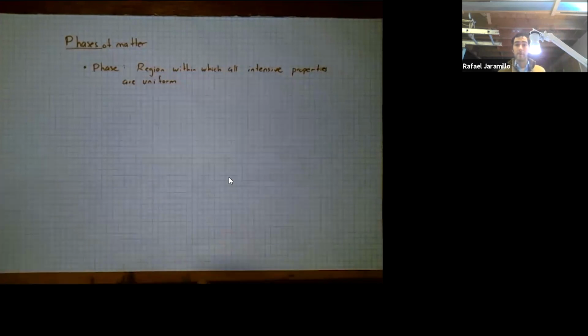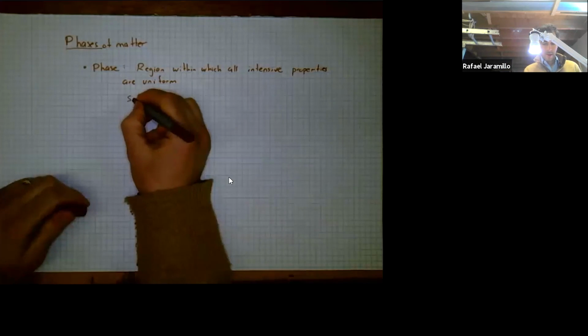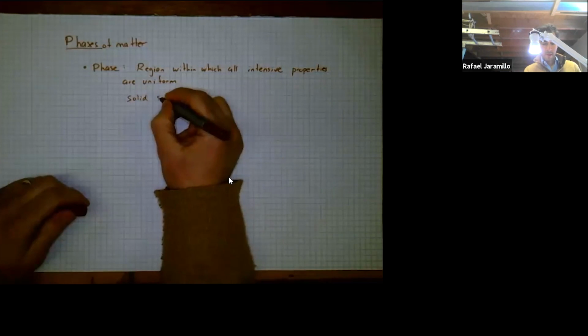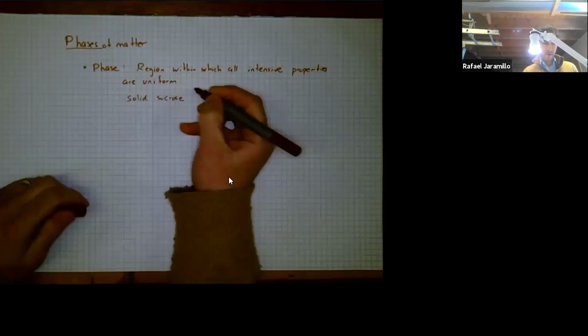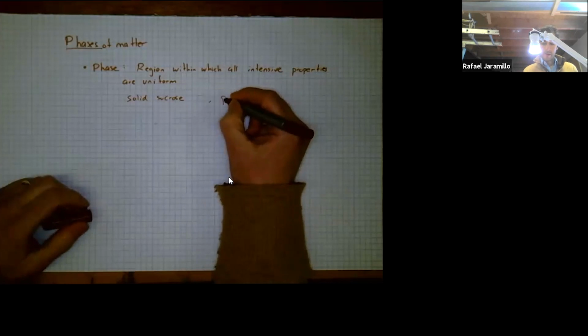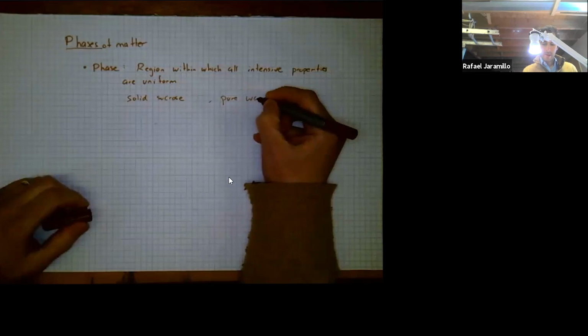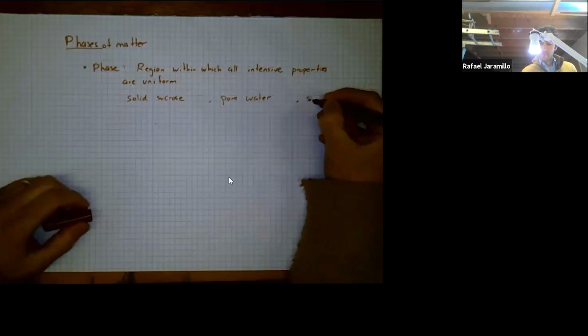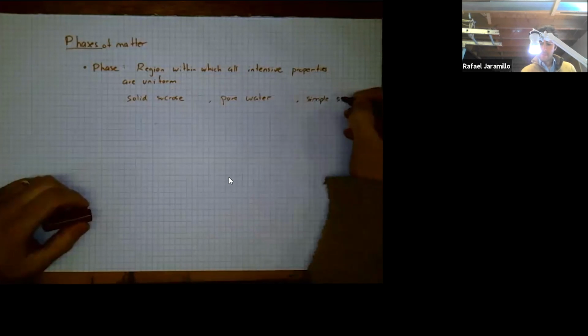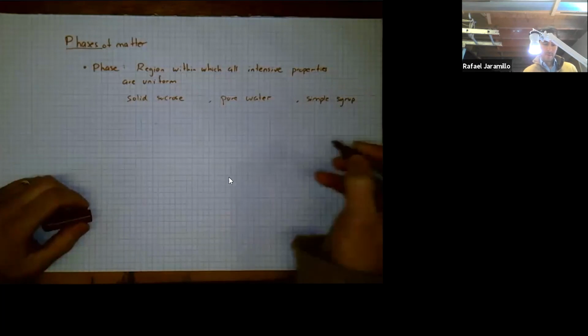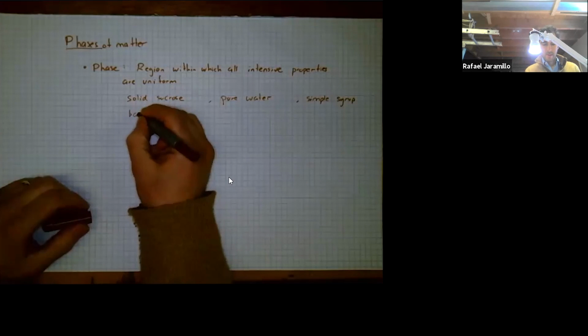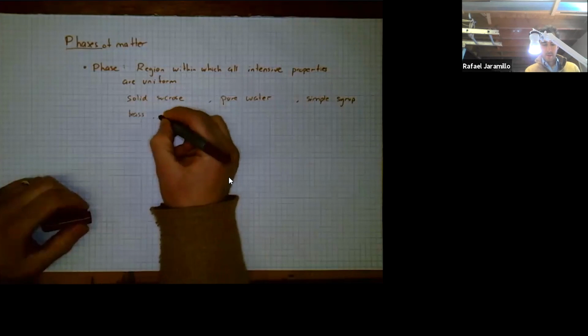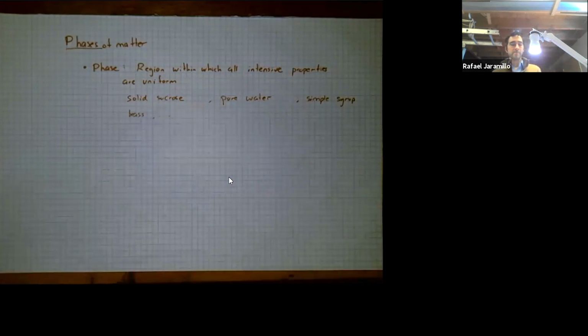All intensive properties are uniform. That's a phase of matter. Okay, so for example, solid sucrose. All right, some things we've seen here, water. All right, simple syrup. Brass. All right, some examples.